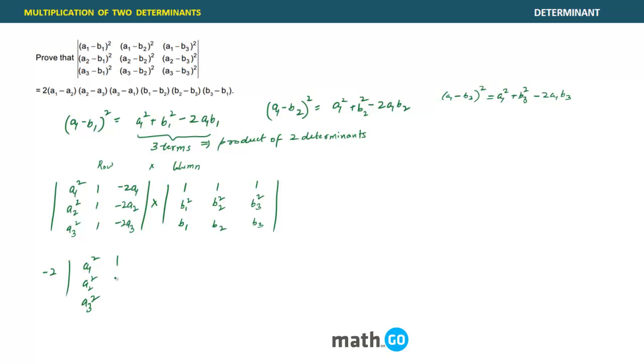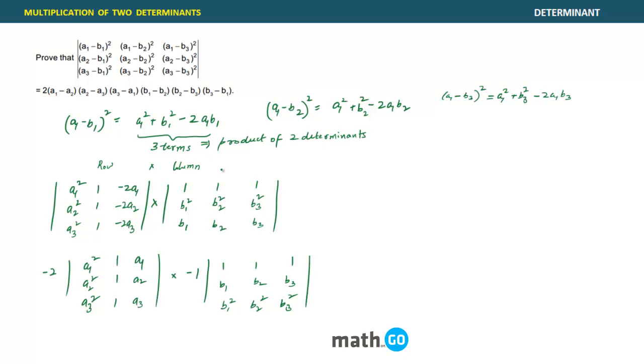This is 1, 1, 1, and this is a1, this is a2, this is a3. And this I'll take minus 1 common. Why? Because I'm going to swap row 2 and row 3 just to make that pattern much more symmetrical. Okay, this is what you will get now.